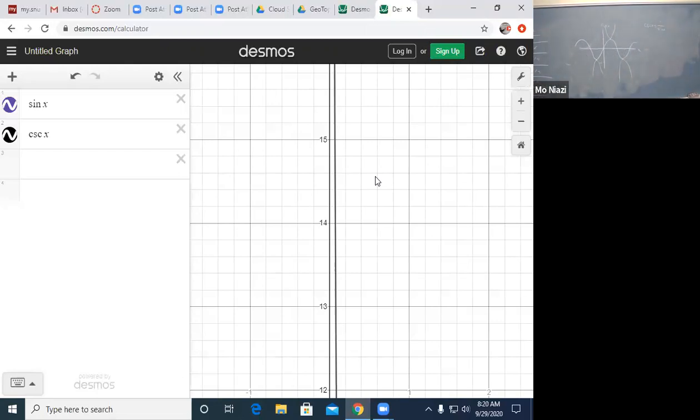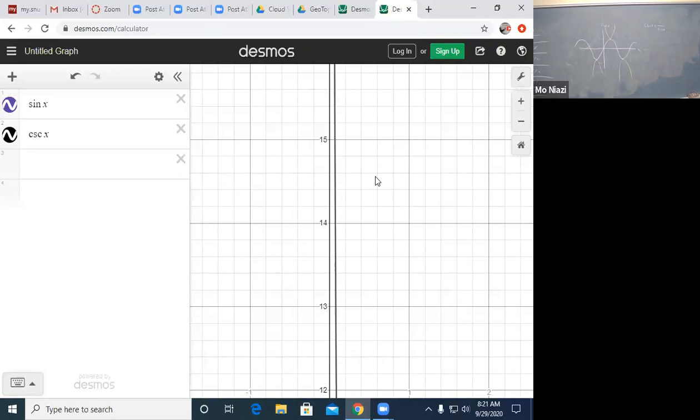So then what is the cosecant of pi over 6? That's 1 over sine of pi over 6. That's 1 over 1/2, multiplied by reciprocals. You get that that equals 2.